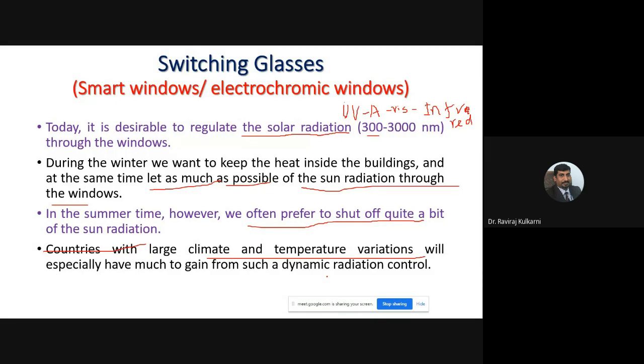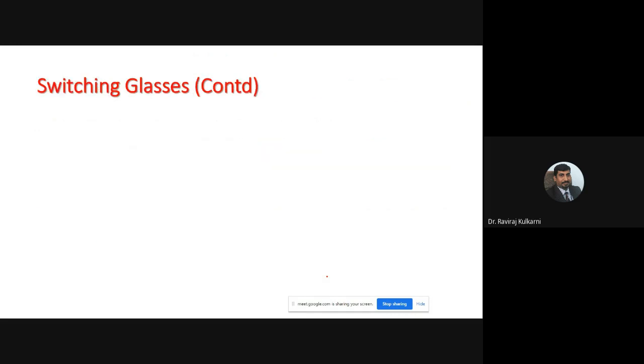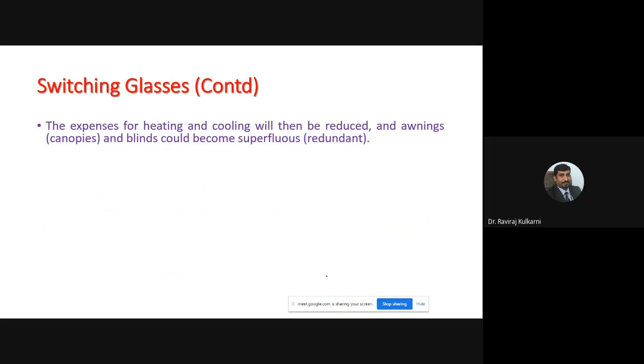We want to keep ourselves cool, so reject most of the sunlight. So expenses for heating and cooling will then be reduced. This we don't do in India, especially we do only cooling. In summer season, we use ACs and air conditioners or air coolers or something.